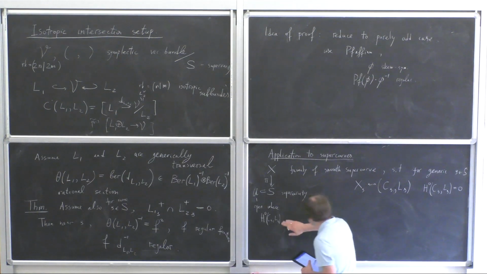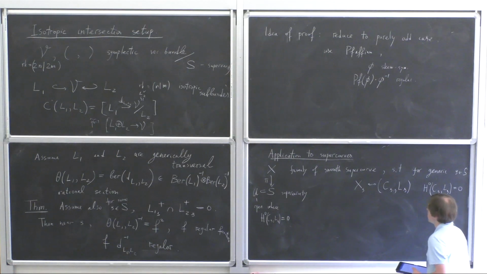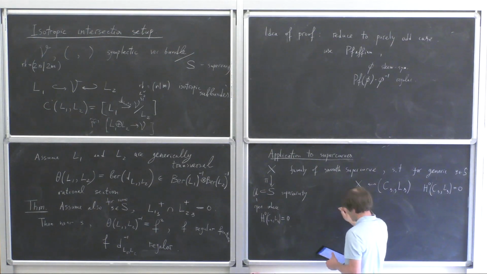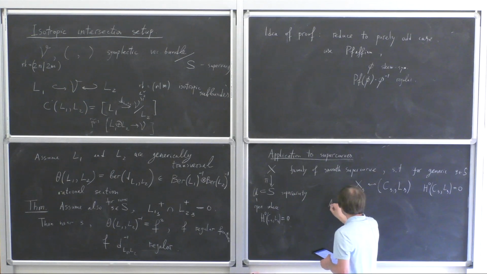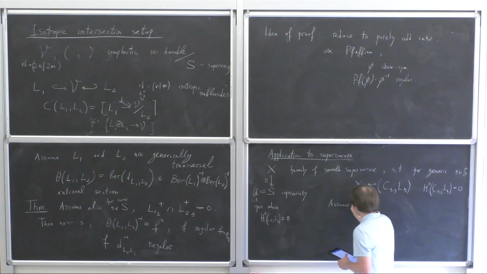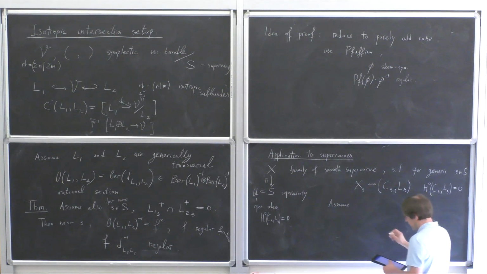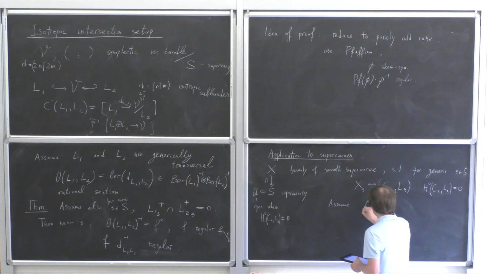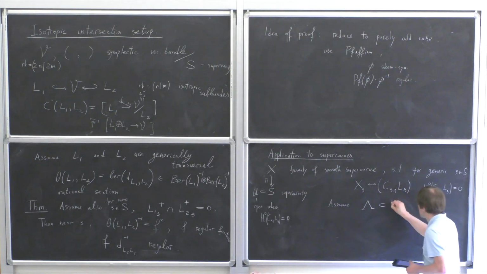Yeah, this is an open set where it's equal to 0, right? So one other piece of data that I'll assume is that everywhere over S, we have a Lagrangian subbundle in the corresponding bundle of H1s.